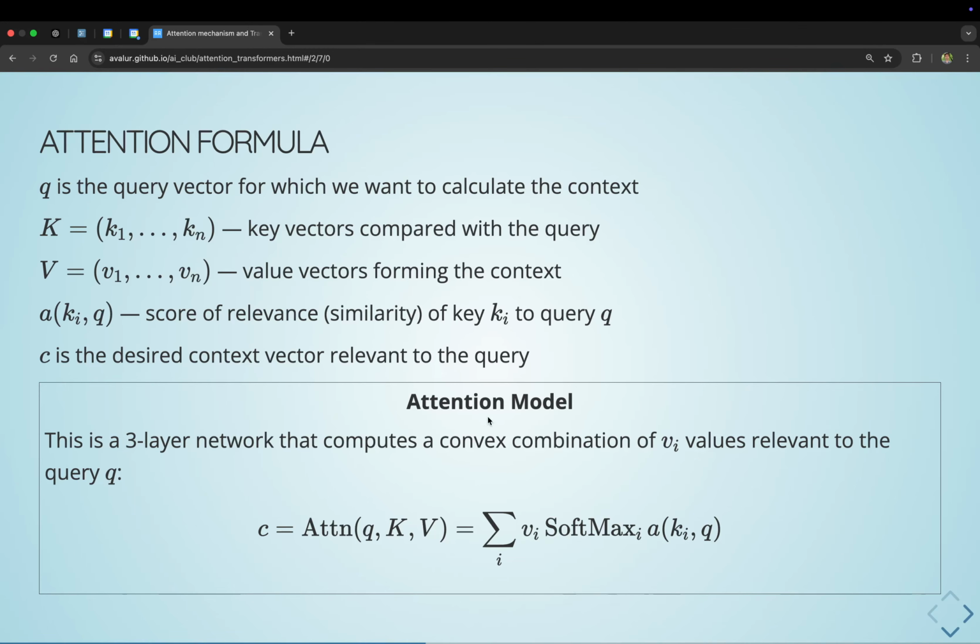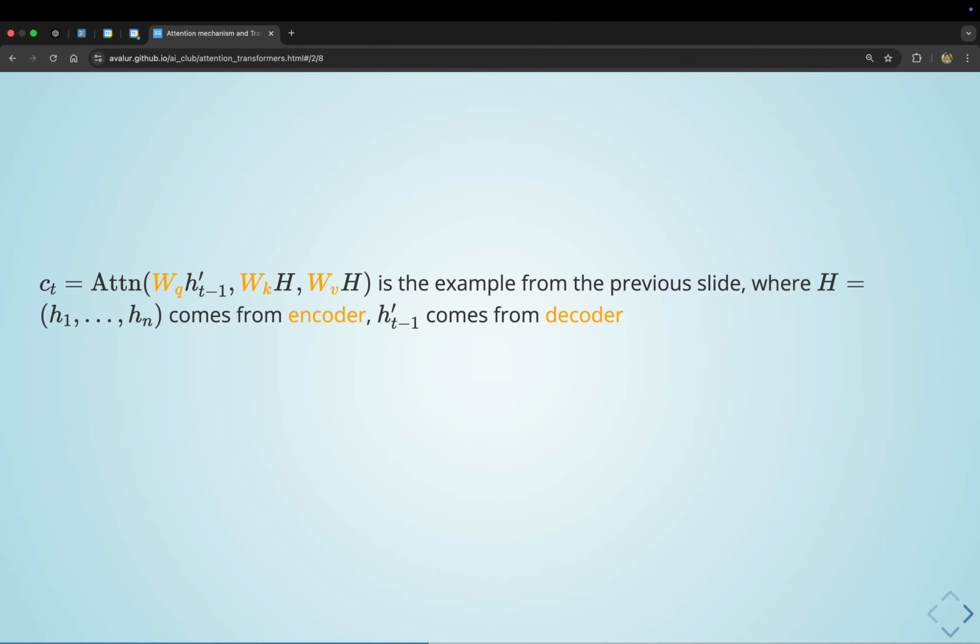So this is attention model, and in PyTorch, for example, we can simply import this attention block to implement the attention mechanism in our model and to get the context vector C. So for the encoder-decoder architecture, the example from the previous slide, we have h prime t minus 1 from decoder multiplied by the weight matrix WQ and perform the attention formula with keys and values from the encoder state.